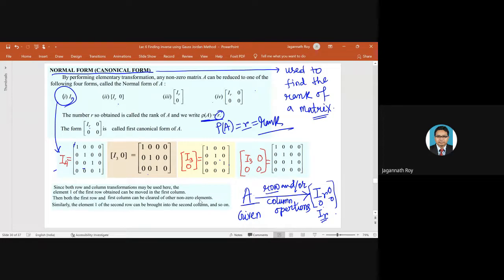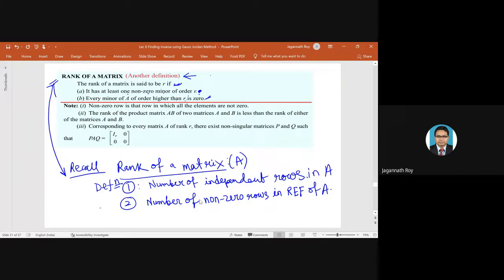So for the rank definition, we can also define that for an m by n matrix, the rank of A is equal to R if the minor of order R, delta R, is non-zero, and any higher-order minor becomes 0.